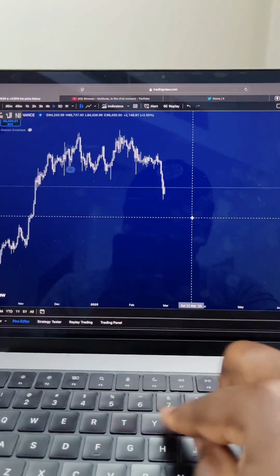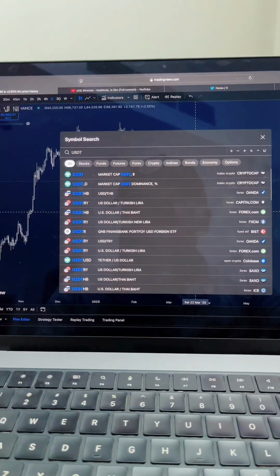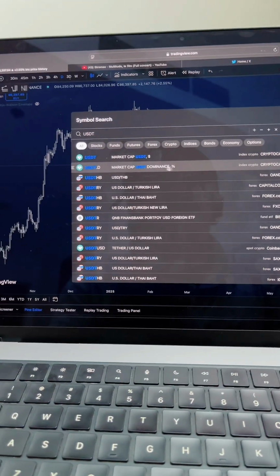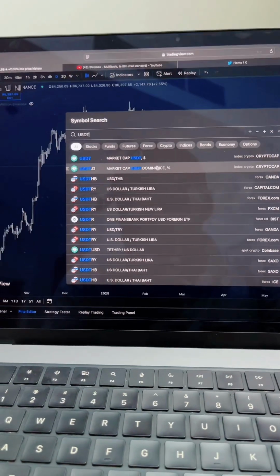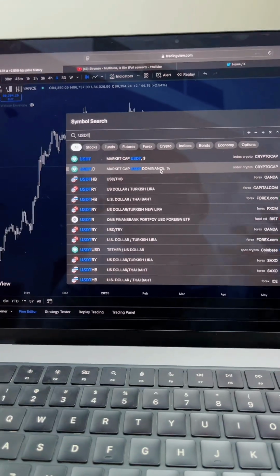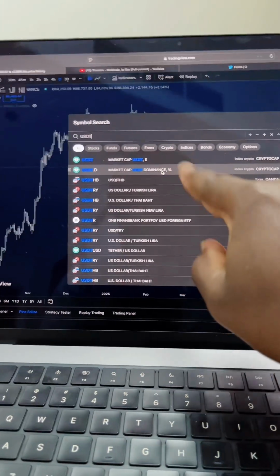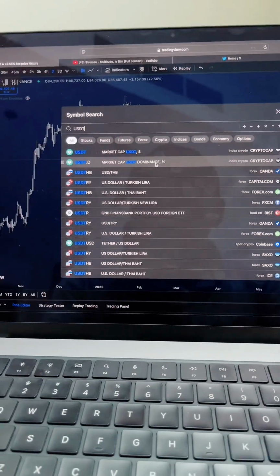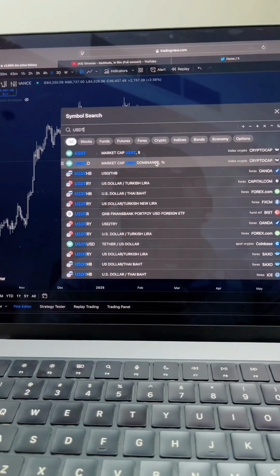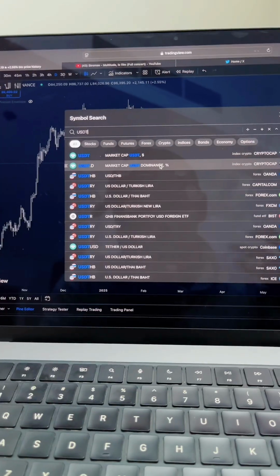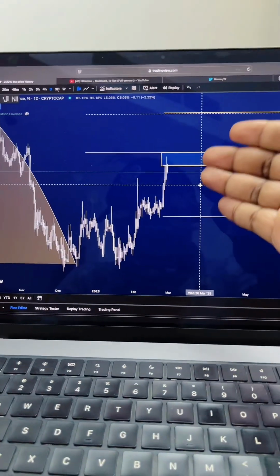So that's why we are constantly looking at USDT dominance. This is how we are going to know whether we have topped out or we have bottomed out. Yeah, this is actually what we are going to be looking at, because I think it's the best metric actually. We are going to know from here.